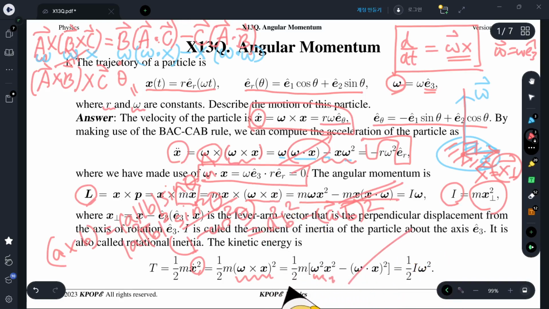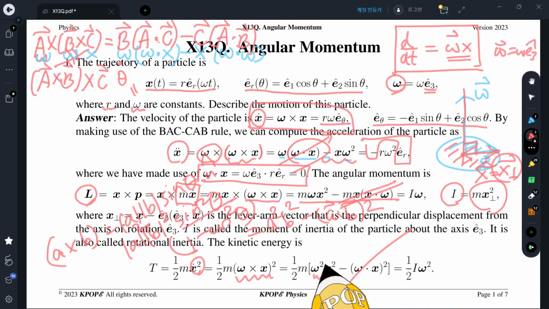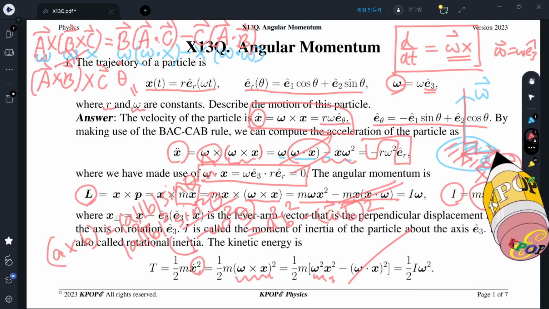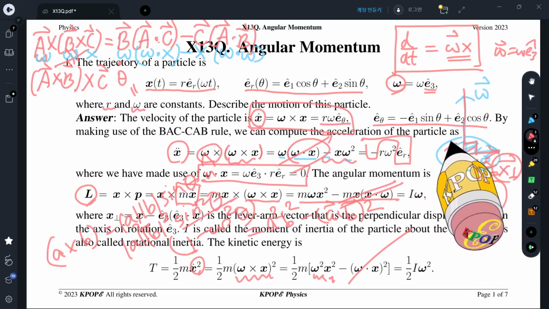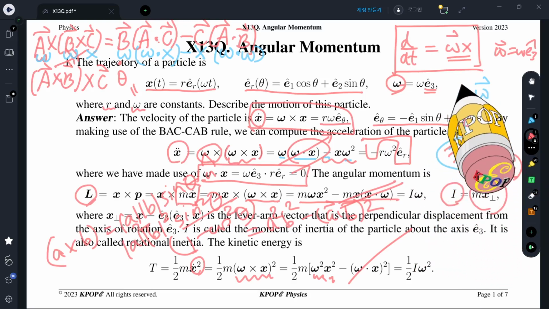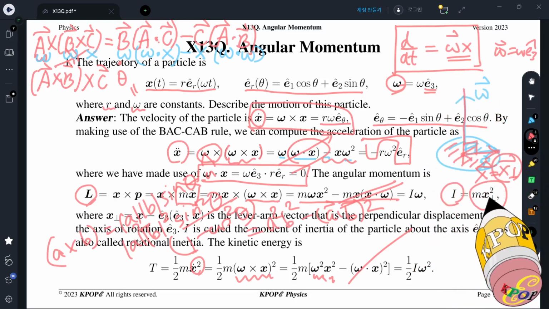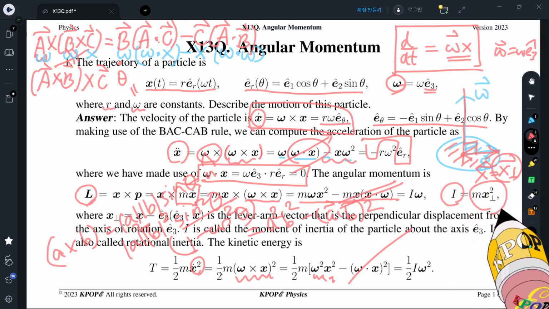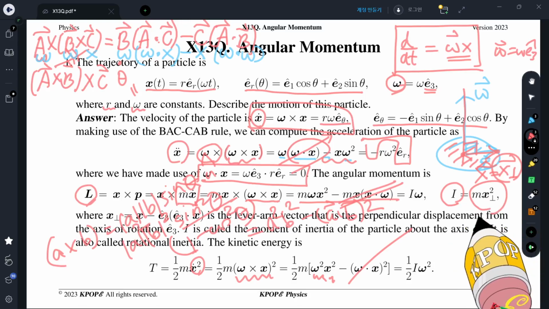We have 1/2 omega squared multiplied by m x perpendicular squared, which is lever arm squared multiplied by mass.